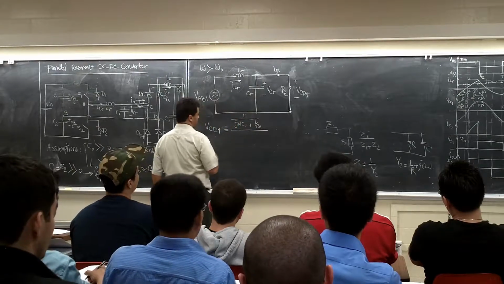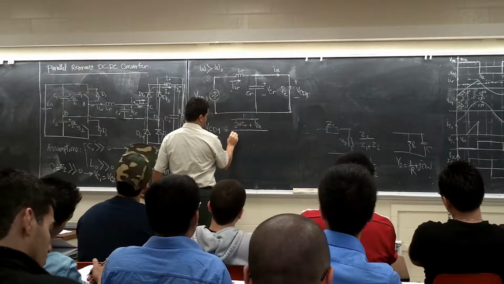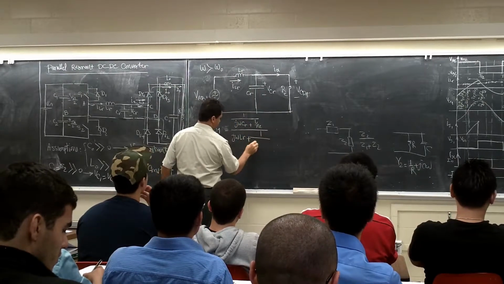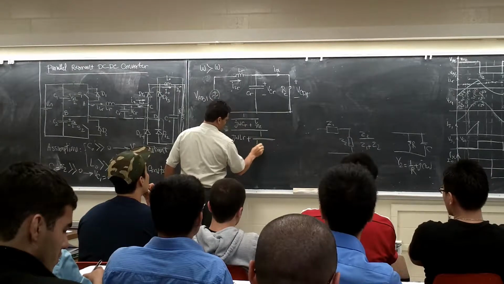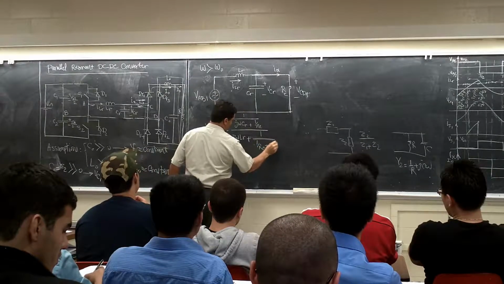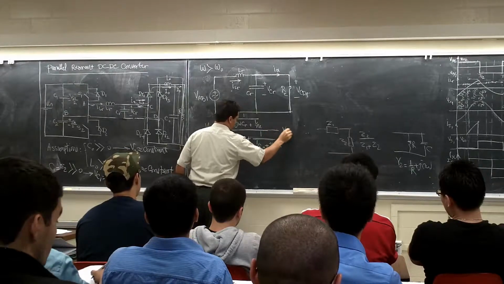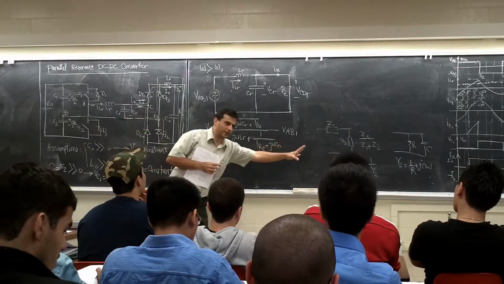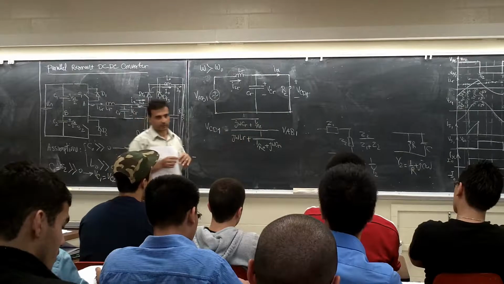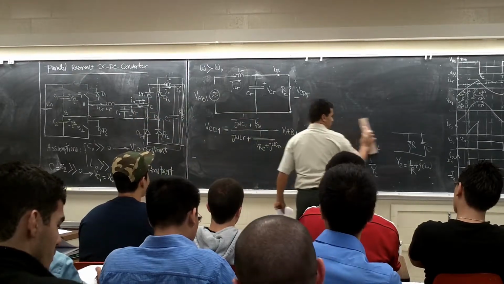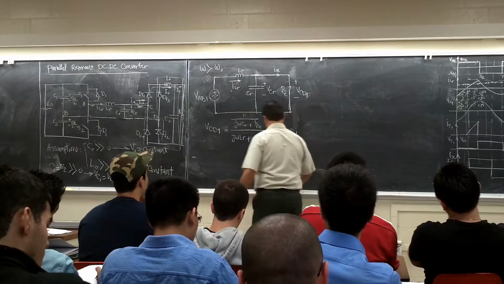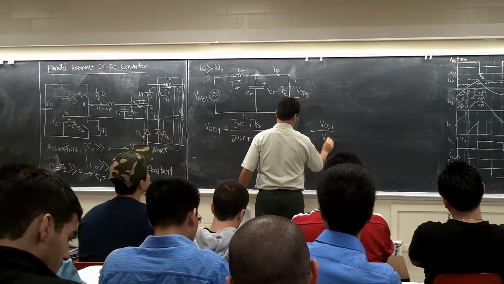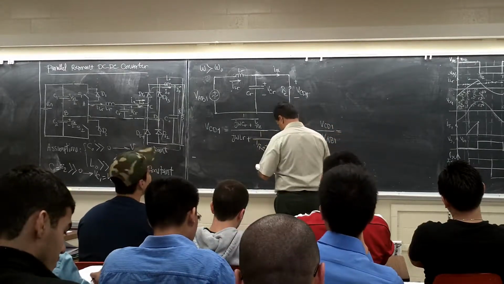this impedance is the J omega LR plus this impedance, 1 over RE plus J omega CR. VAB1. Now you care only about the amplitude of this one, right? If you simplify that one, you can get it this way.